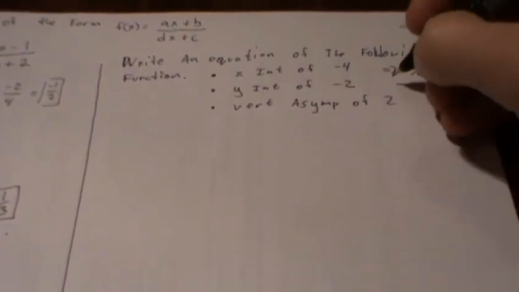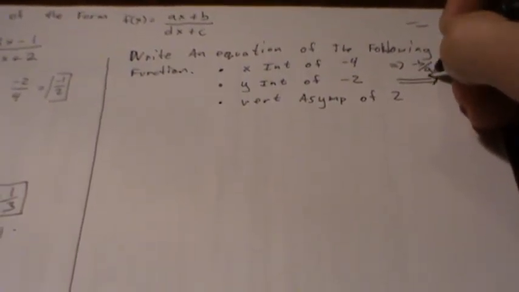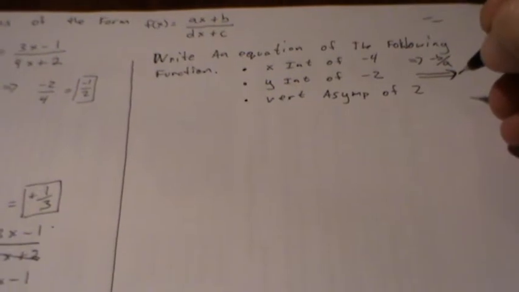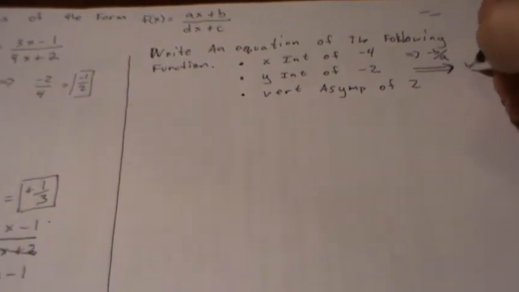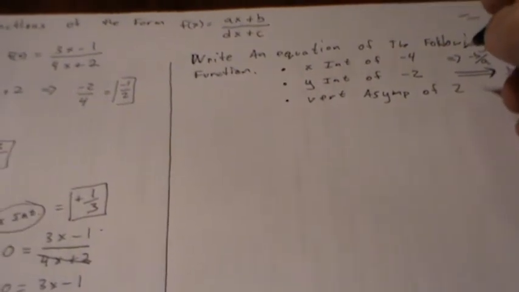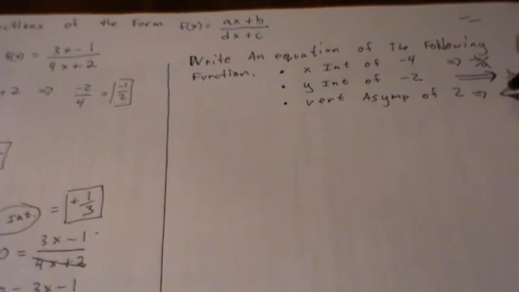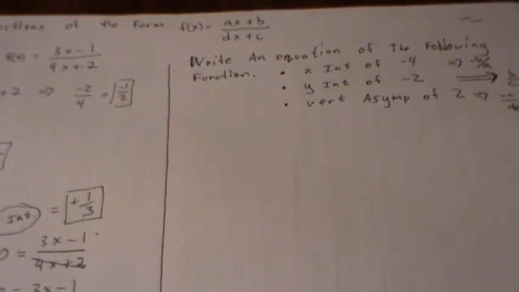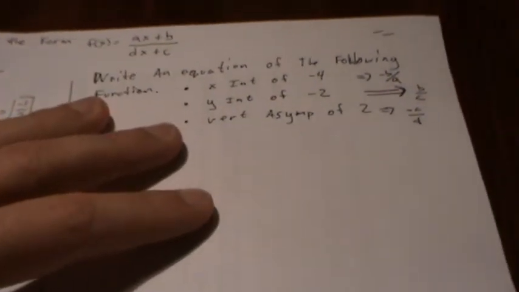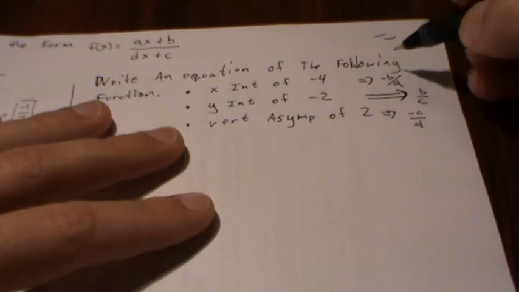The y-intercept is going to be b over c. And the vertical asymptote is going to be negative c over d. Alright? So I need negative b over a, b over c, and negative c over d.